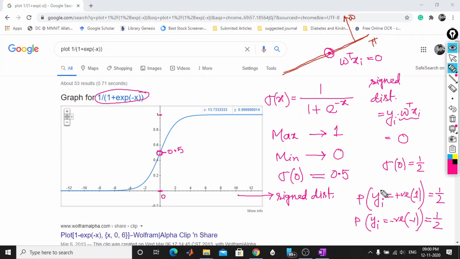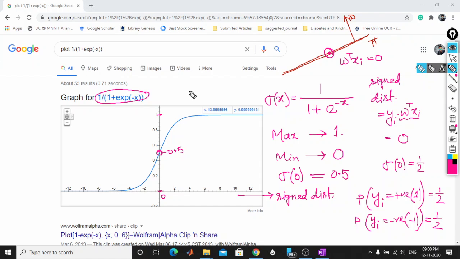Both probabilities are the same. If the signed distance is very large, say 12, then the probability is 0.999999 something, which tends to 1. If the signed distance increases, then the probability is maximum.